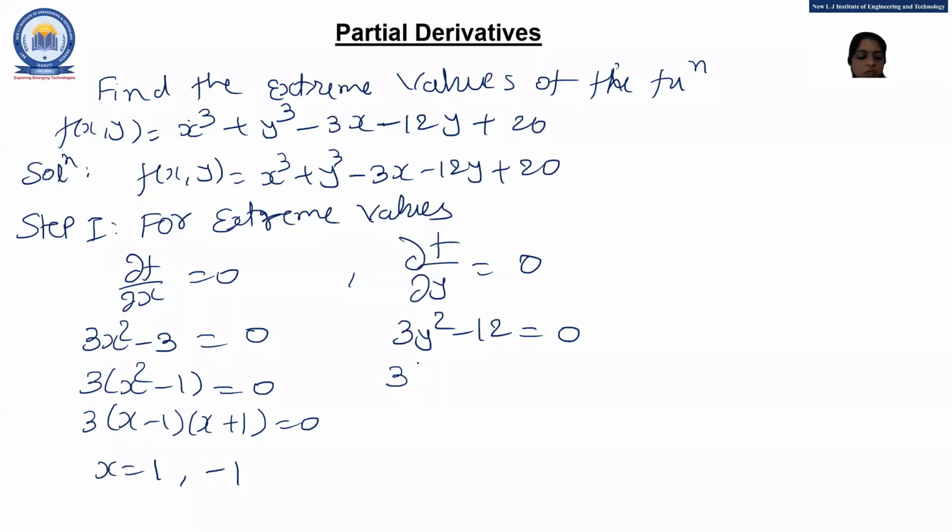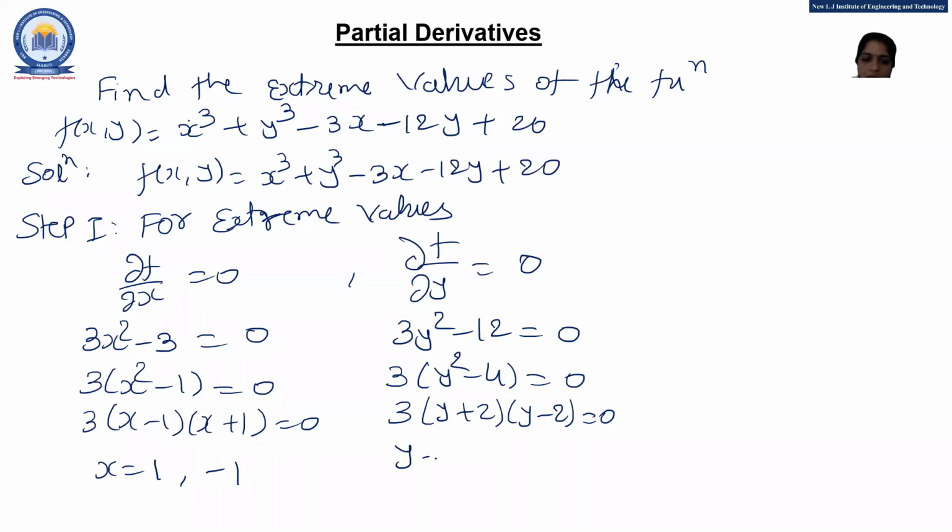So if I take 3 common, then I have y square minus 4, right? So (y plus 2)(y minus 2) equal to 0. So for y, again I have two values, that is minus 2 and 2, right?